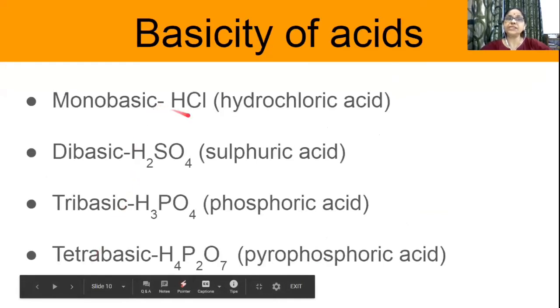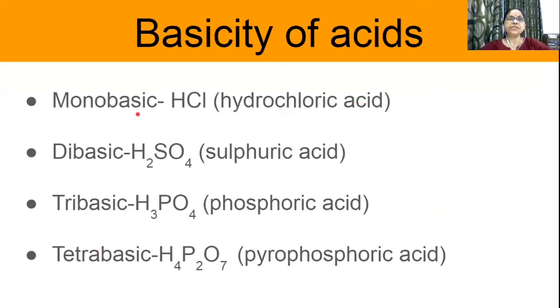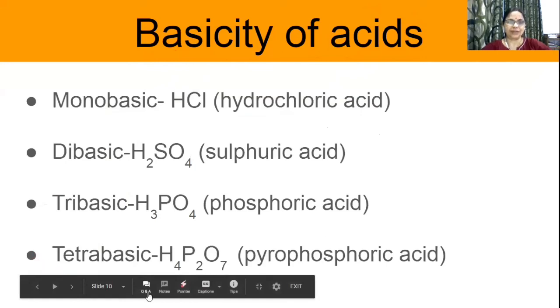Next is the basicity of acids. See the name first of all, basicity of acids. Now for acids, we might say acidity, no. It is called basicity because acid neutralizes base, and on the basis of the number of hydrogen ions in it, it is known as monobasic, dibasic, tribasic, or tetrabasic.